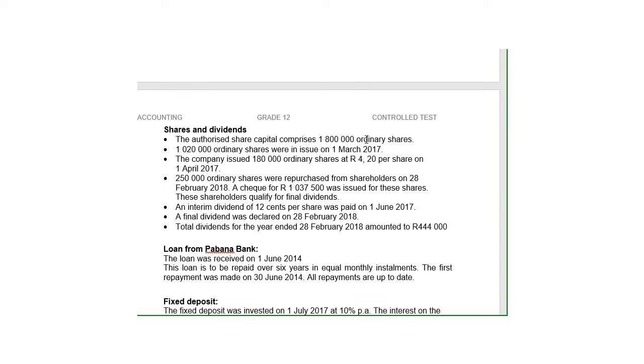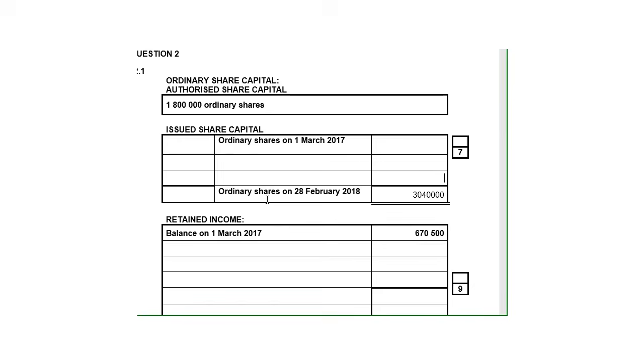The next part tells me 1,020,000 were in issue on the 1st of March 2017. That is the beginning of the year. Remember, our year ends on 28 February. So we started off with 1,020,000. So we can put that in under the number of shares.